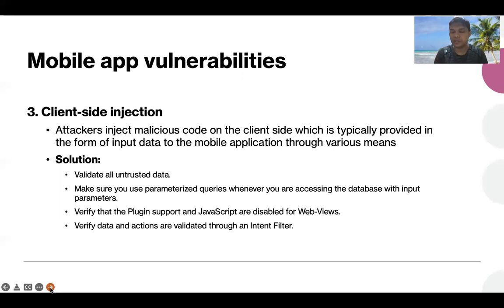The solution is that you need to validate all untrusted data. The second one is use a parameter. So never send data through the internet directly, but please use a parameter.